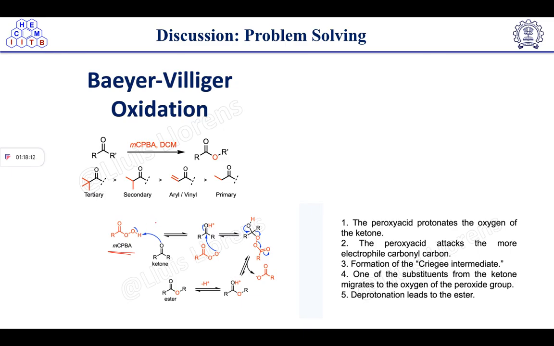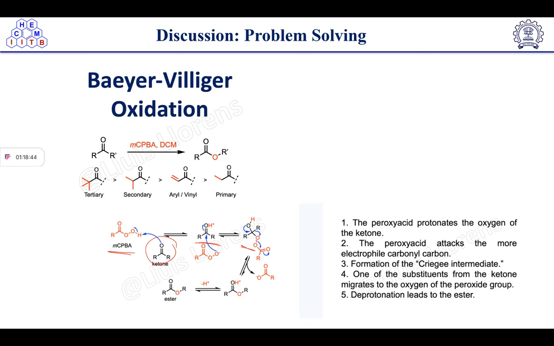We know that it will react with the ketone. Okay, our reaction starts. So it will protonate the ketone, and after the protonation, it will become this. Correct. Then the peroxide attacks the more electrophilic carbon atom. So here, the electrophilic carbon atom, this one, the peroxide will attack here and it will form this intermediate. Then the formation of the Criegee intermediate.